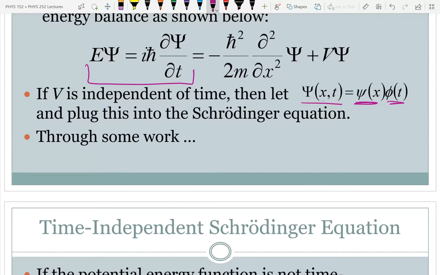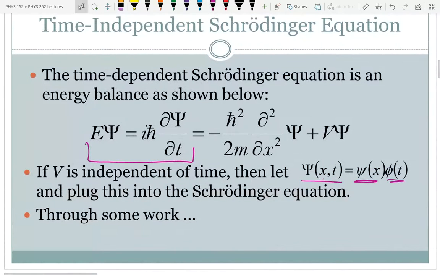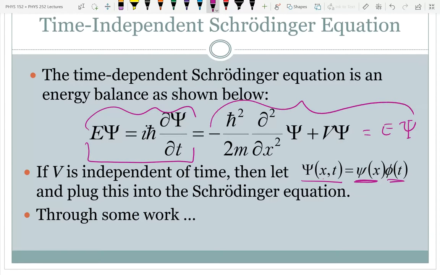There's one equation, and then the other equation I'll just write over here. This one here only has time as a variable. This one here only has position as a variable.